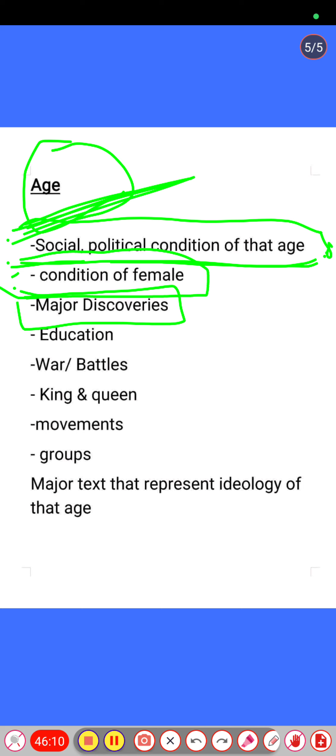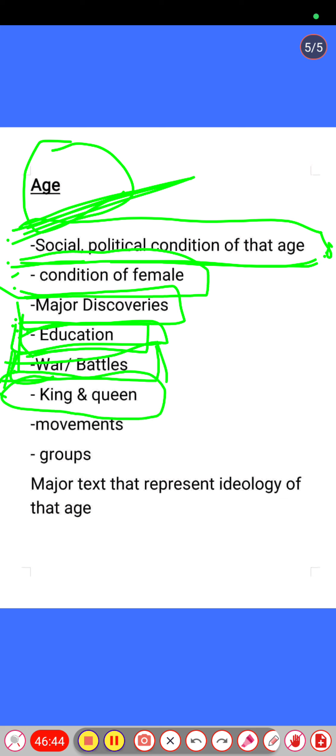If some new thing was discovered during that age, then it's important, just like discoveries of the Renaissance, the Victorian age, the Elizabethan age, the Puritan age. Now education is always important, female education, male education. War and battles are also important.